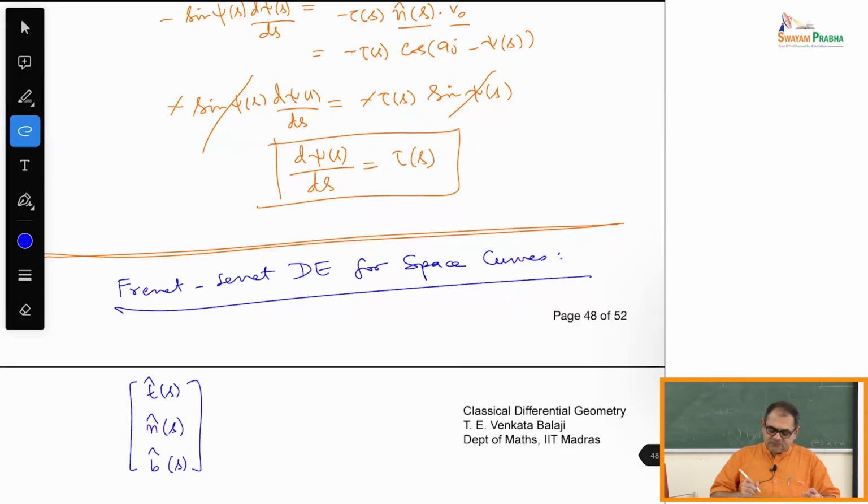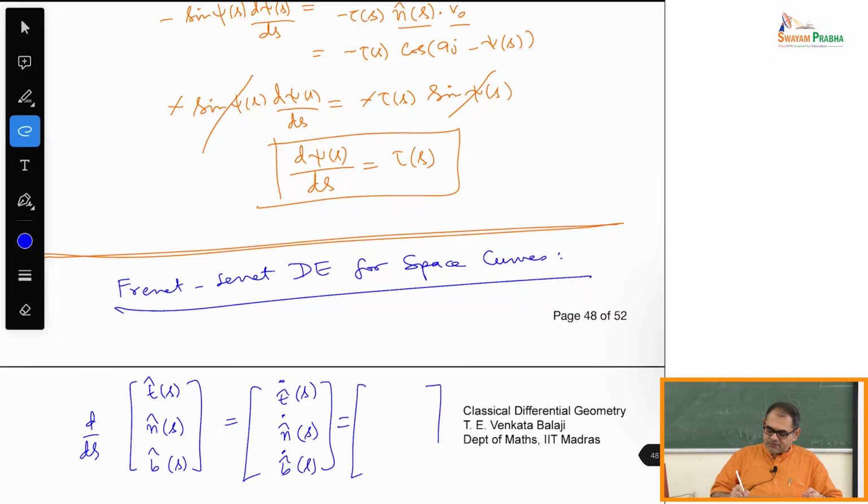This is a frame, and I want to look at the change of this. So you have to do d by ds of this, and d by ds is a dot. So I'll get t cap dot of s, n cap dot of s, and b cap dot of s. The question is, what is this equal to?